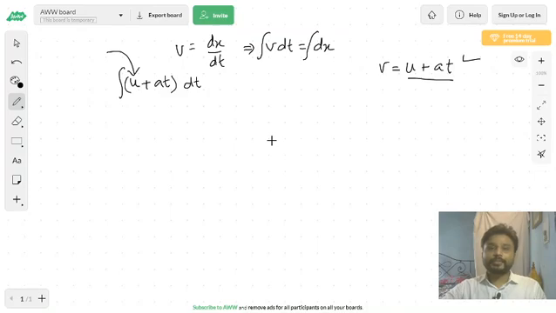At the time at which we start the motion, we would know the particle's velocity, and that would be some particular constant. So that would be u, acceleration would be a, time would be t. The integration element is dt, and integral dx. Now here the limits can be put 0 to x.